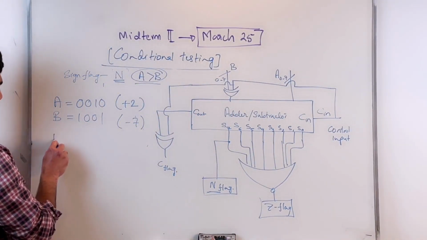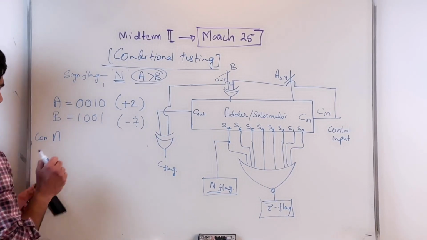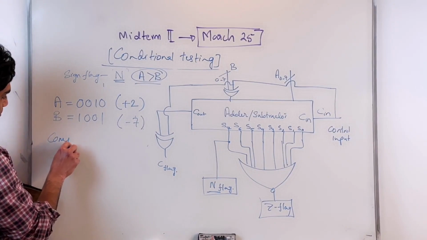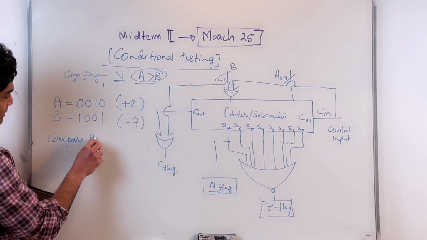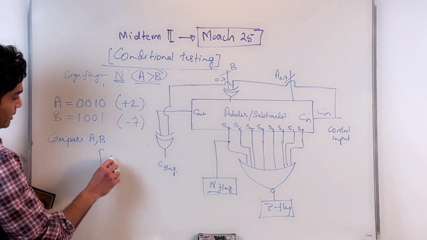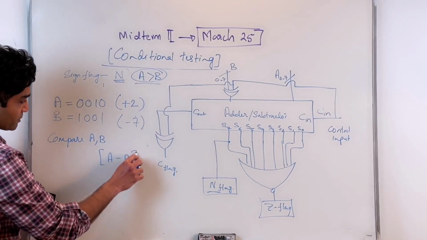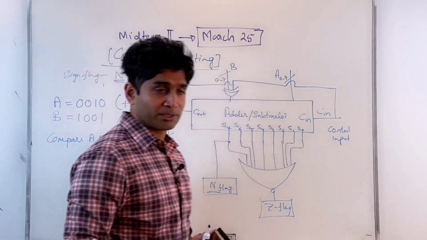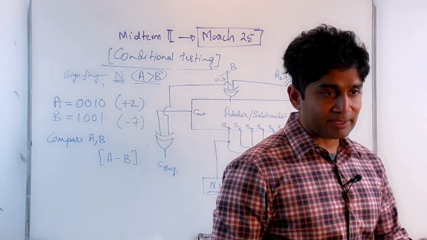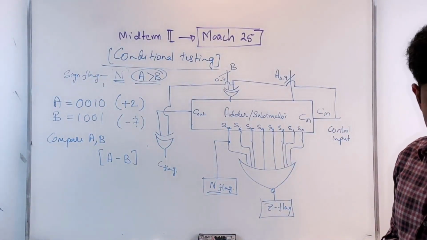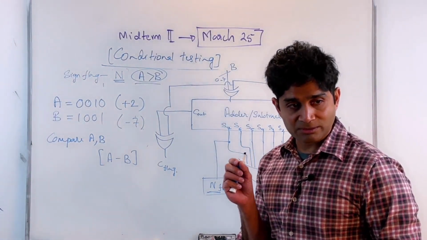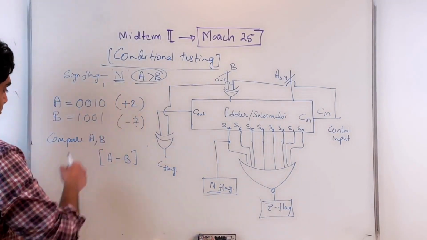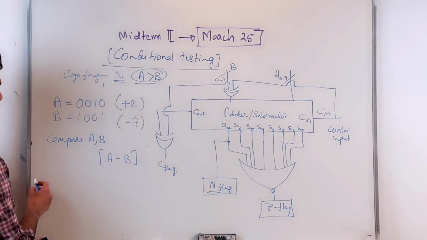Again, I'm trying to compare A and B. At the hardware level, I'm doing the A minus B operation first and checking the N flag. What do you expect the N flag to be? I should expect that when I do A minus B, my N flag should be 0, because A is larger than B. So let's see if that's indeed the case.